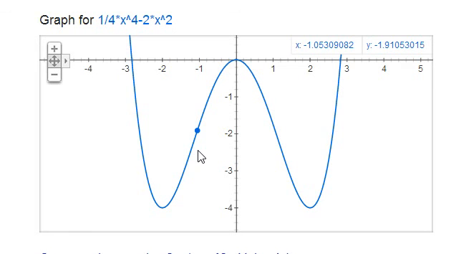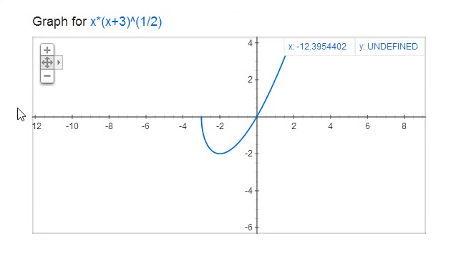I'm just kind of guessing here, but from about right here and then up, it's concave up, and then you can see concave down, and then concave up right here. Okay, well, that's enough about this problem. Let's move on and work some more.